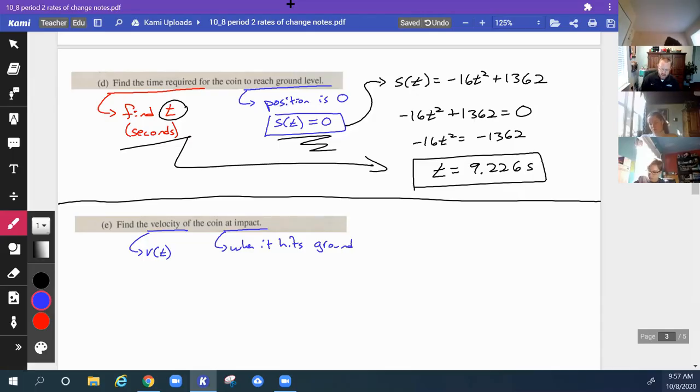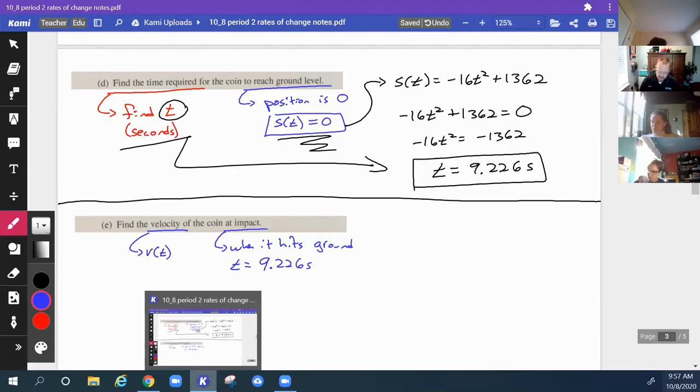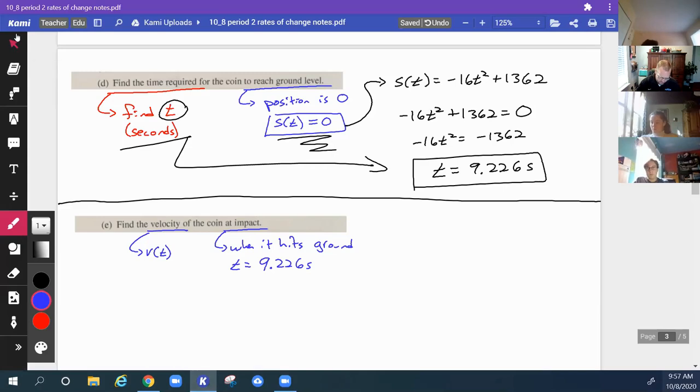Remember, in order to calculate velocity, I have to know a time. That's why it's written v of t. When it hits the ground, I know it's 9.226 seconds. That's the time it takes to hit the ground. We just calculated that. I want to calculate velocity at that time.